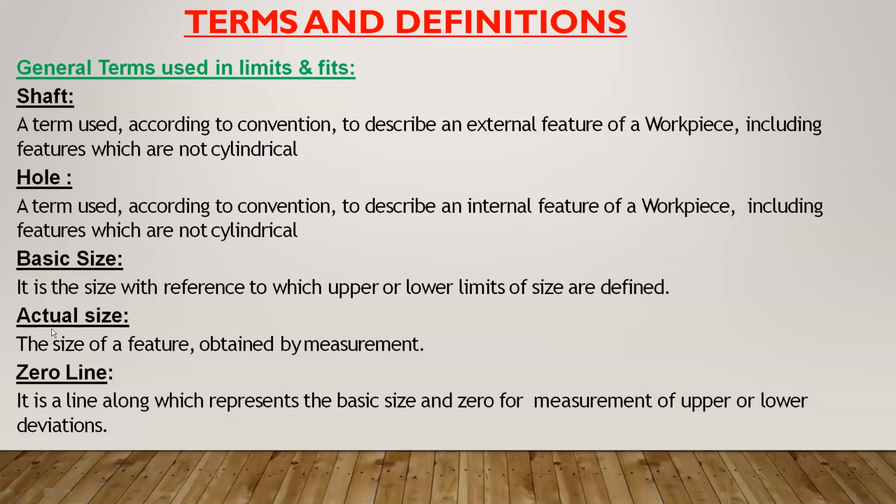Next one is the actual size. The size of an actual workpiece can be obtained by actual measurement only. So by taking the actual measurement of a workpiece, we define the actual size of a workpiece.